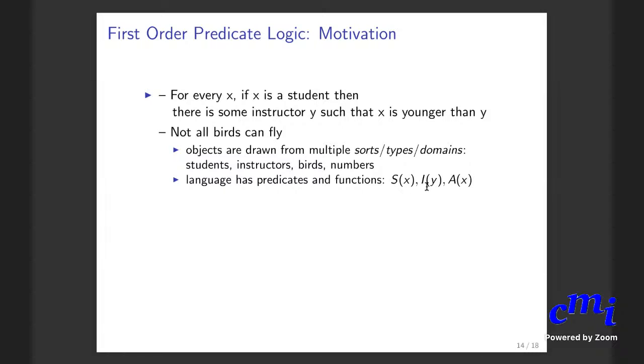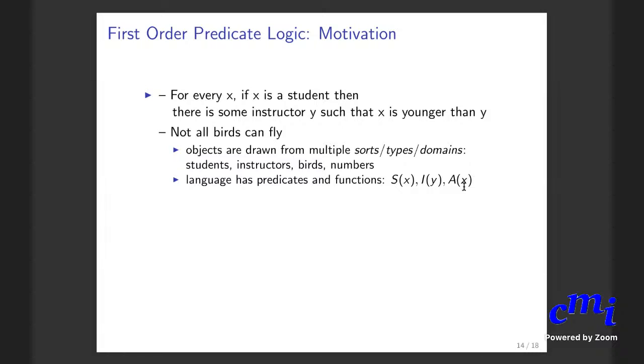The same entity can be a student but not an instructor, and vice versa. Therefore, to distinguish between those domains, you need predicates, which are really relations, unary relations over certain domains.